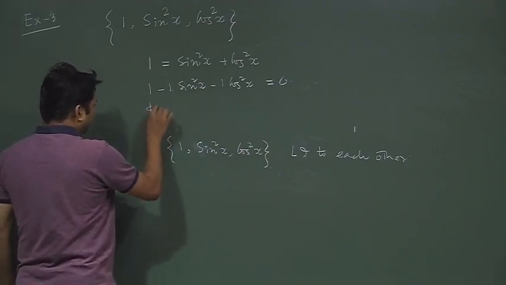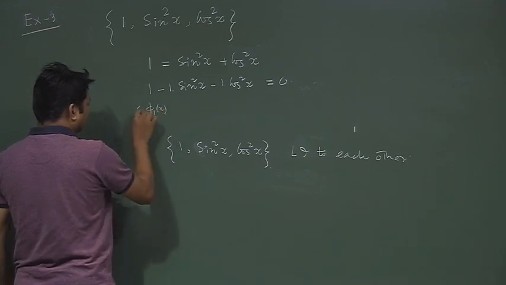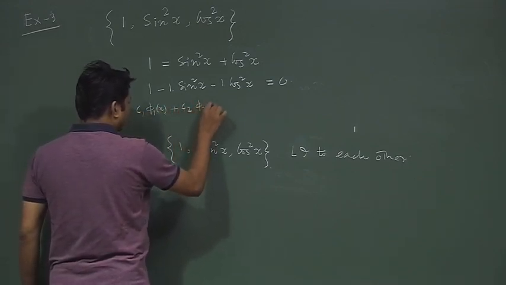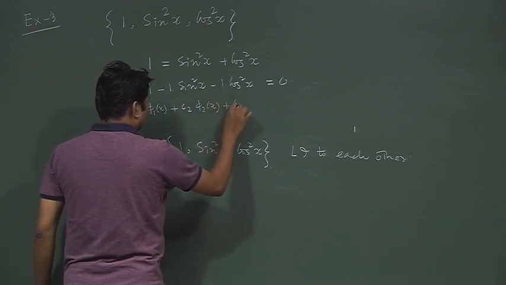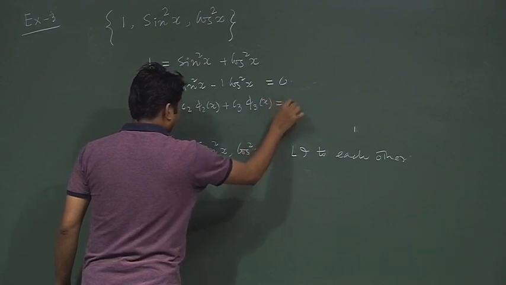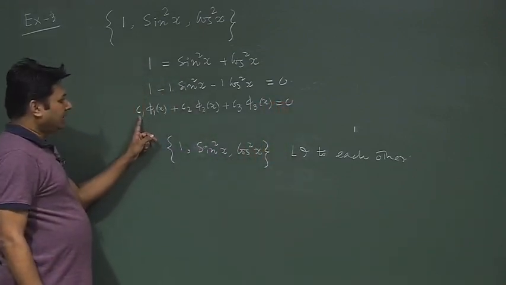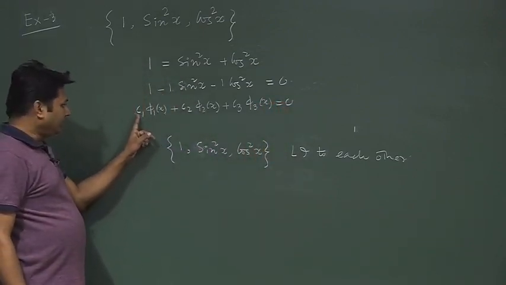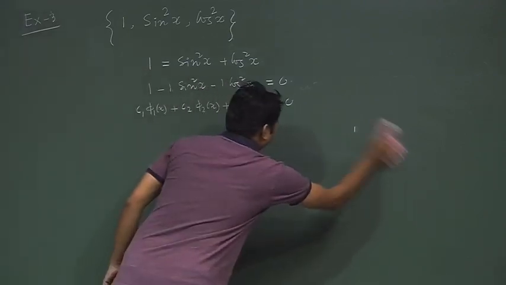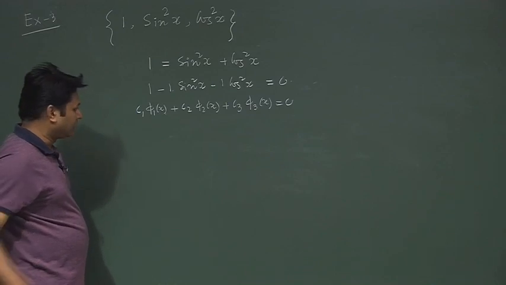That means c 1 phi 1 x plus c 2 phi 2 x plus c 3 phi 3 x is equal to 0. Please note that this is 0. Even if it is 0, the c 1, c 2, c 3 are not equal to 0, but they have some non-zero values.